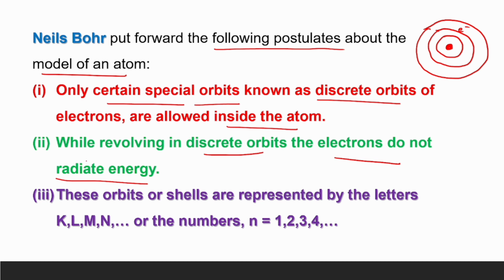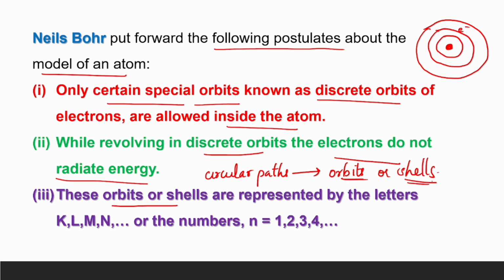He called these orbits by some letters. Note down: the circular definite paths in which the electrons move are known as orbits, or we can call them shells.